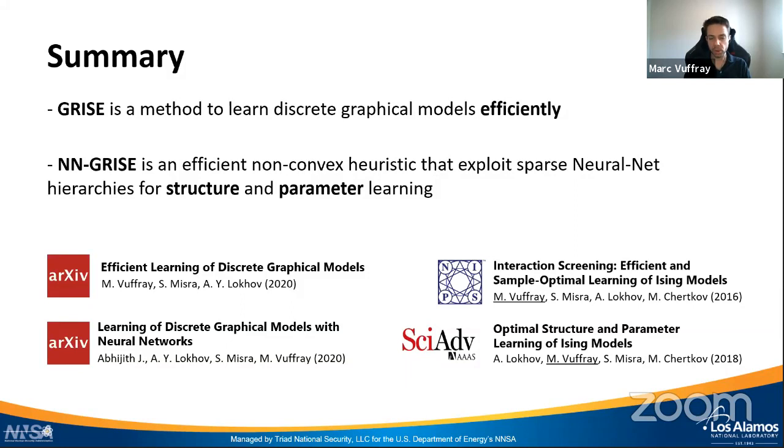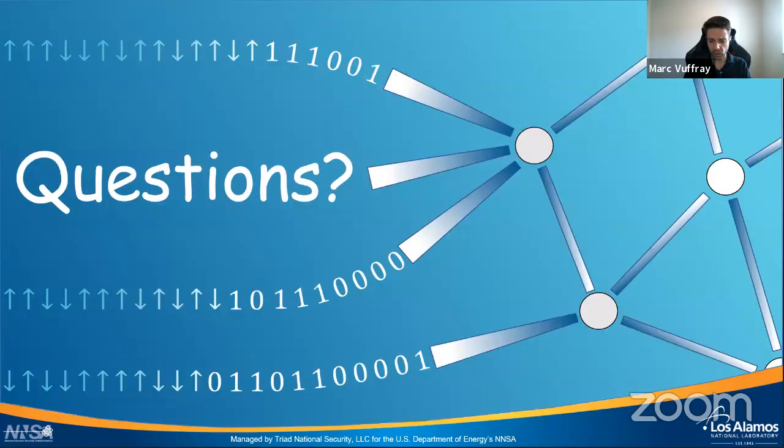And you can do not only parameter learning, distribution learning, but you can actually do structure learning with it by adding a proper regularization. And here are different articles available where we have presented this work. So thanks a lot, and I'm ready to take questions.